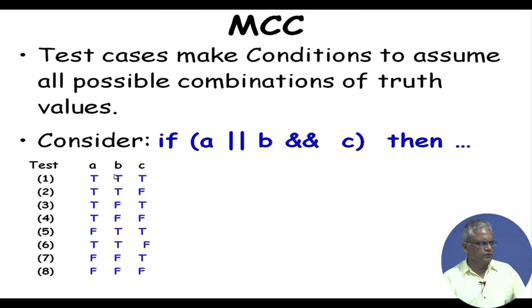So, we need 8 test cases for testing all possible combinations of truth values of the basic conditions A, B, C set to all true, true, true, false, and so on. But then as the number of component conditions increases, the number of test cases required to achieve the multiple condition coverage becomes exponentially large.